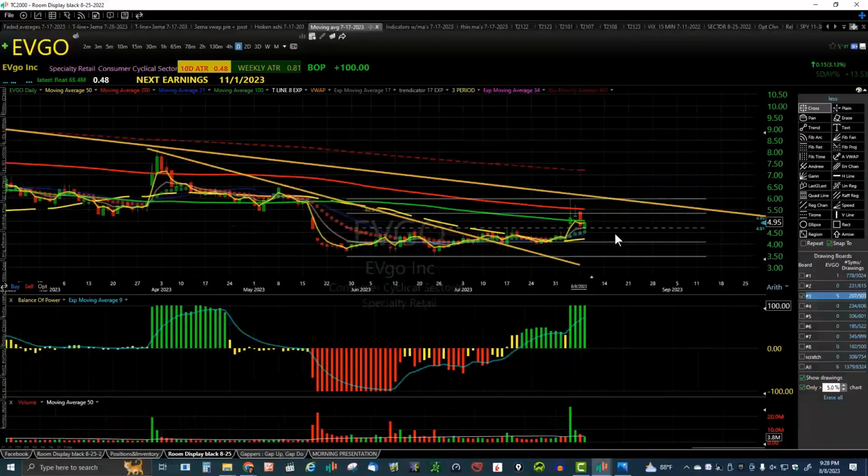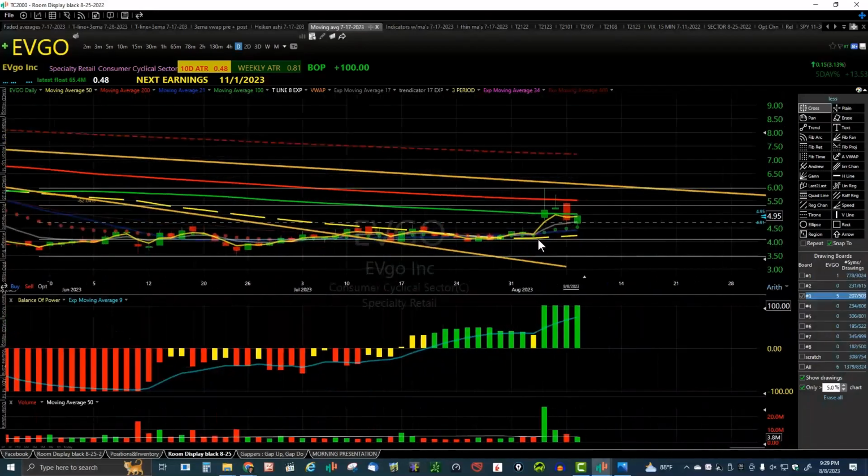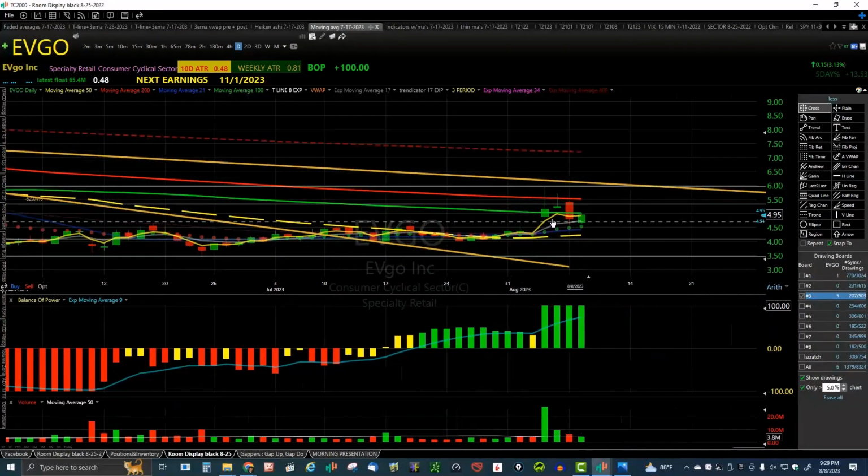Don't be surprised if it does. I do like the balance of power, though. That looks pretty nice. I don't know if it's going to sustain that. But look, it did make a high, but it didn't make a higher high than this. But it's still up at 100. Just be careful on this one.